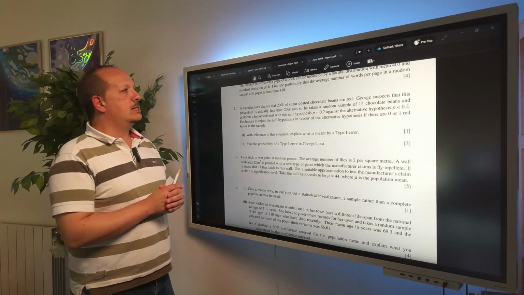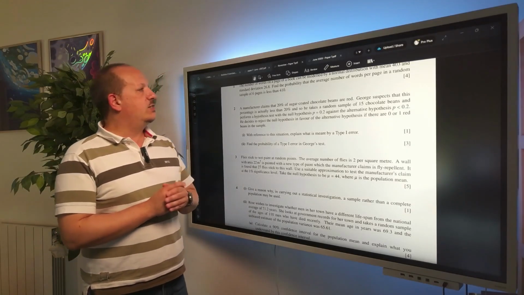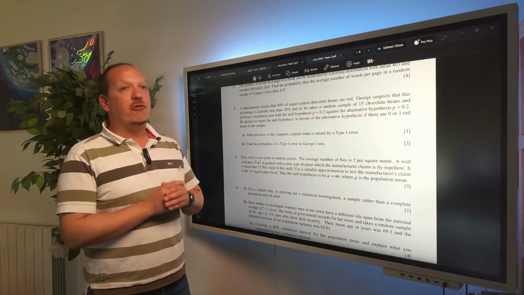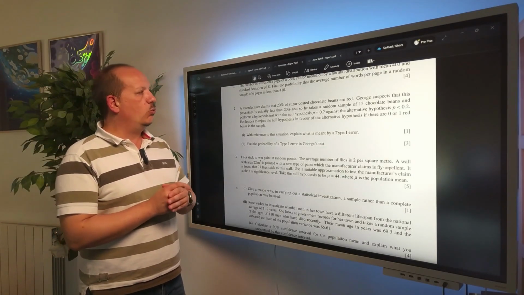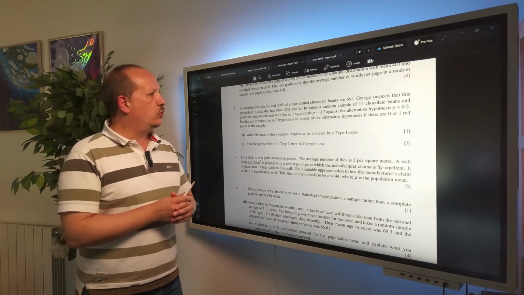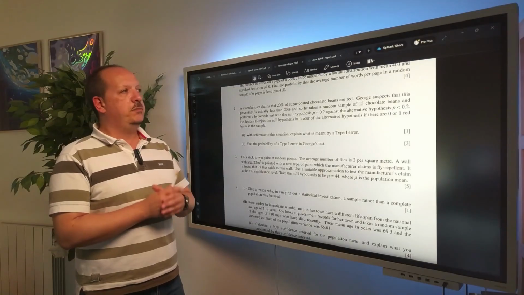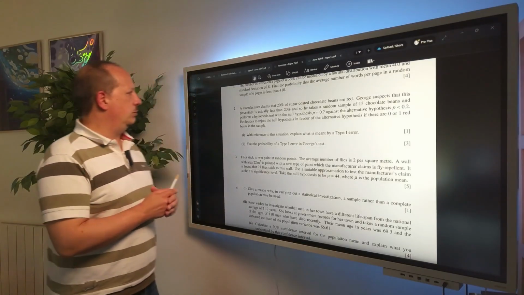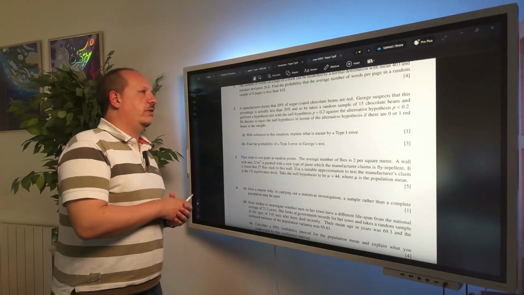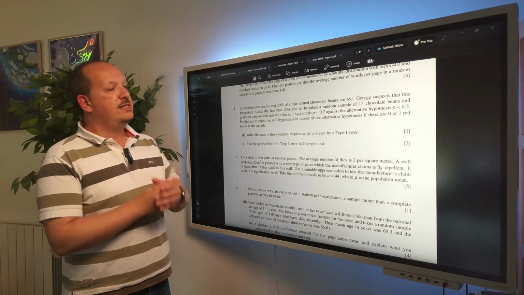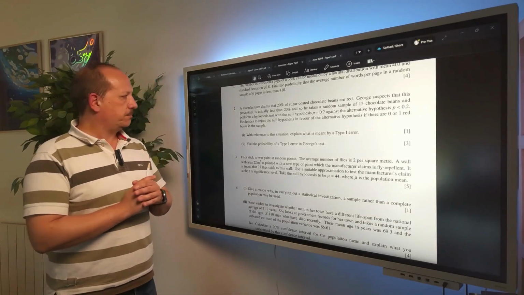George suspects that this percentage is actually less than 20%, and so he takes a random sample of 15 chocolate beans and performs a hypothesis test with a null hypothesis P equals 0.2 against the alternative hypothesis of P smaller than 0.2. He decides to reject the null hypothesis in favor of the alternative hypothesis if there are 0 or 1 red beans in the sample.